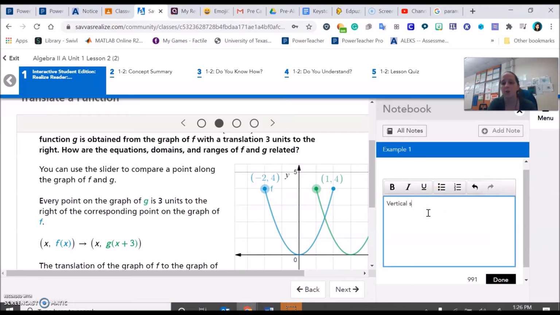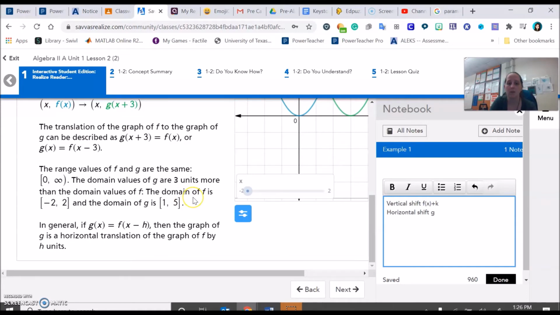So a vertical shift is g of x equals f of x plus k, and a horizontal shift is g of x equals f of x minus h, or k, or whatever you would like to use for that.